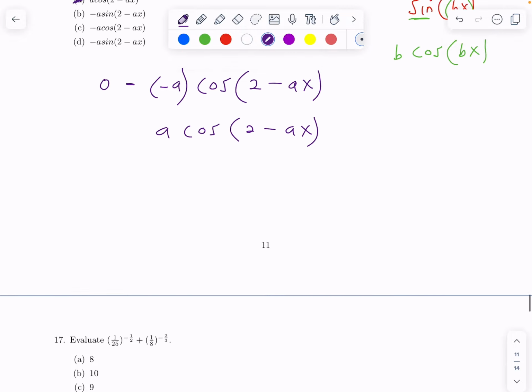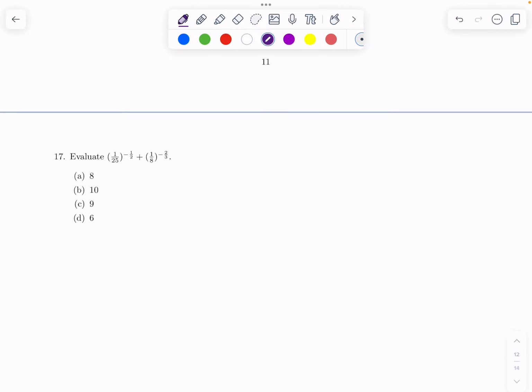Oh, we are making good progress. Now we want to evaluate this expression here. What we want to do is rewrite 1 over 25 in exponent form. So this is going to be 25 to the power of negative 1, to the power of negative 1 over 2, plus 8 to the power of negative 1, to the power of negative 2 over 3.